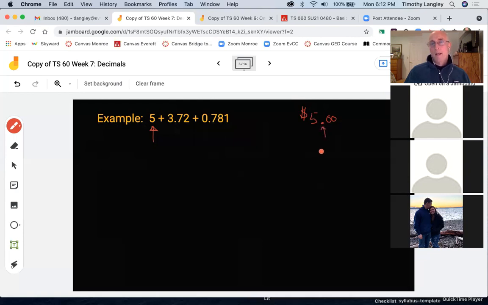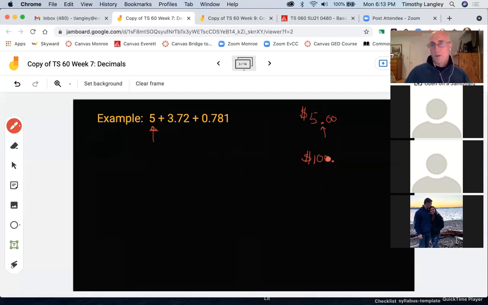It's assumed, let's say that word again, it's assumed that in every whole number, like 5, the decimal point goes right after it. So for instance, if I said I have $100, it's assumed that the decimal point would be right here. That's $100. But we don't write it there because we don't really need it.